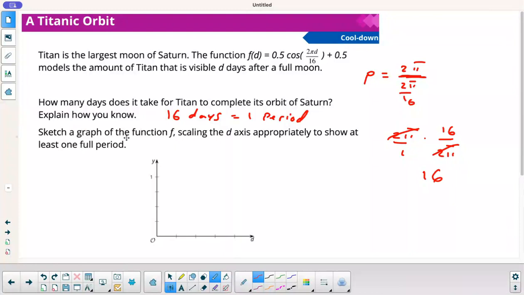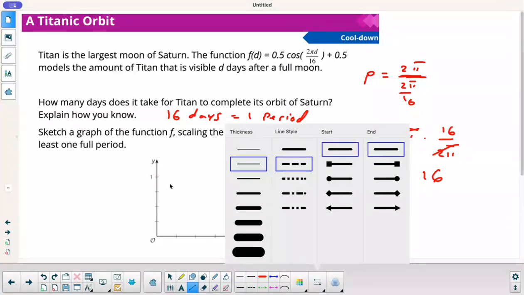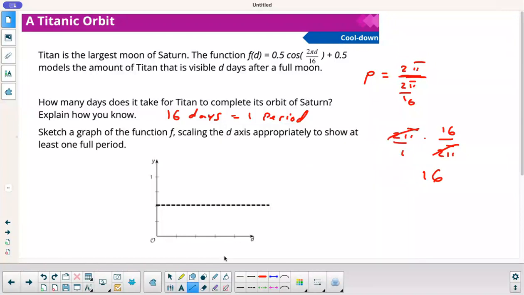Okay, sketch a full graph of the function. So let's see here. My midline is 0.5. So maybe I could draw that midline here to help me. So 0.5 would be right there. If this is 16, that'd be 8, 12, 4.